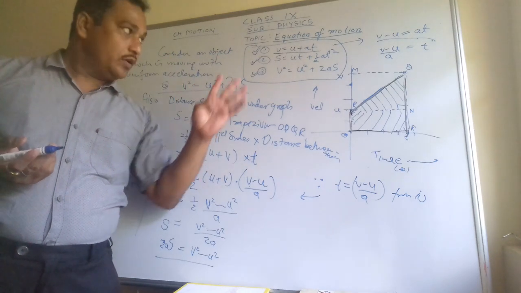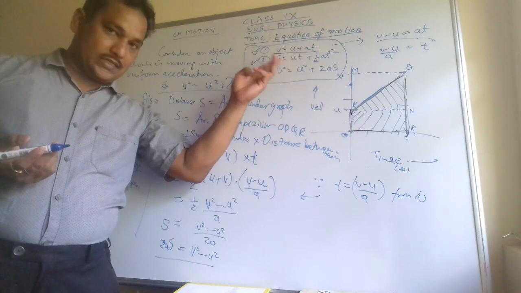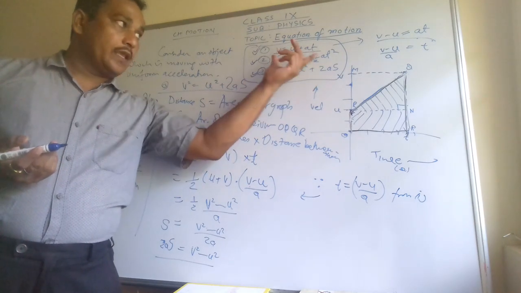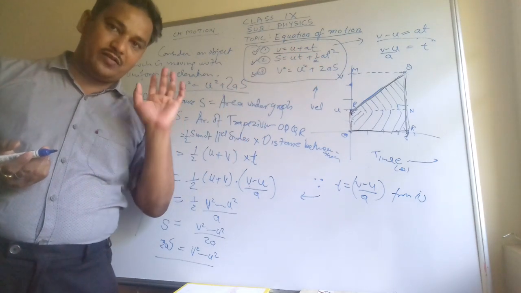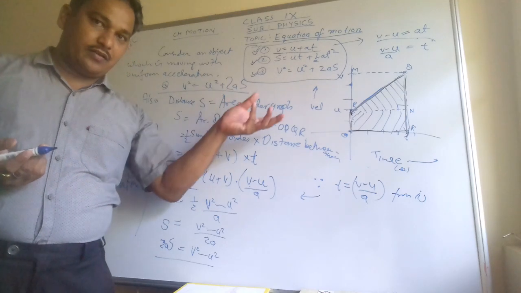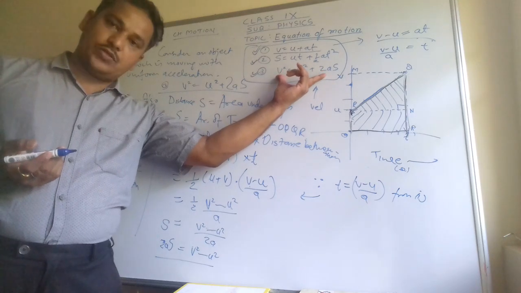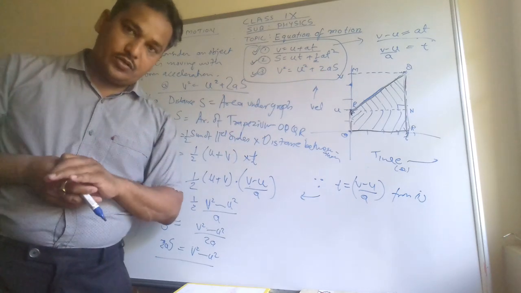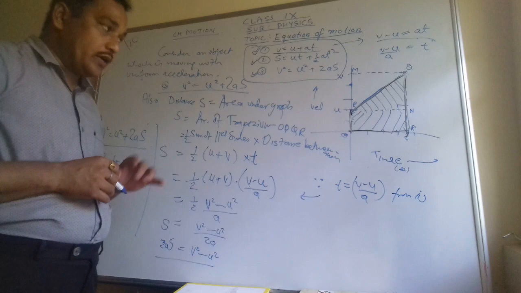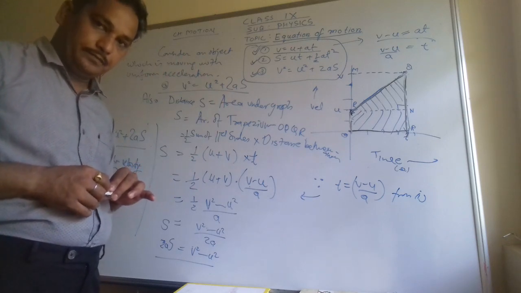Similarly, in the second equation of motion, s is equal to ut plus half at square, here also one variable will not be given and you can find it. Similarly, v square is equal to u square plus 2as can be easily used to solve the numerical wherever any one unknown is there.